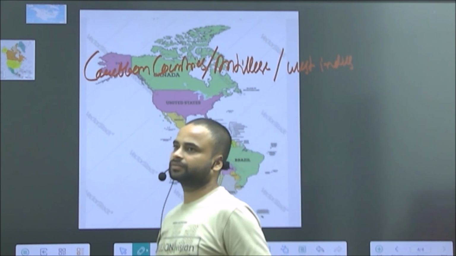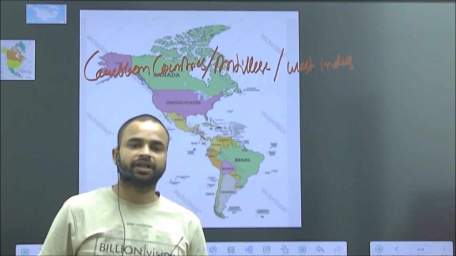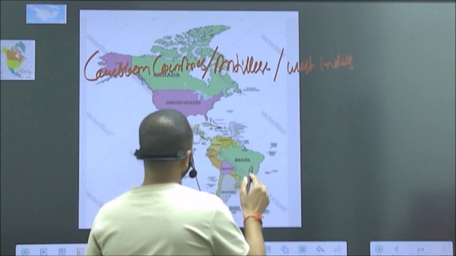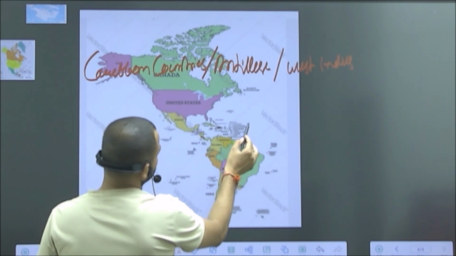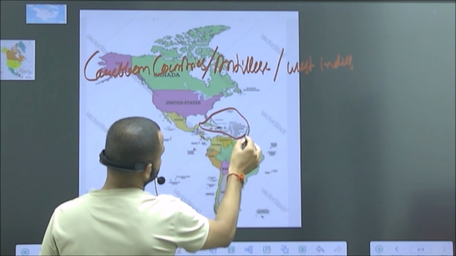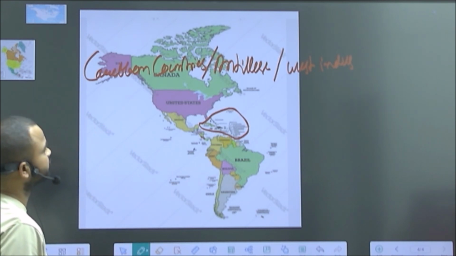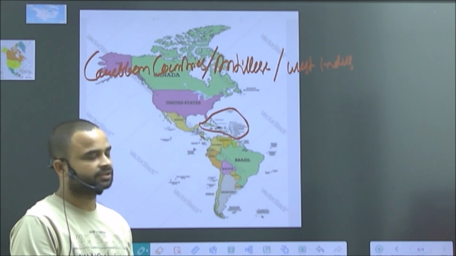There are 13 independent islands and 19 dependent islands. So this group of islands is called Caribbean countries or Antilles or West Indies.